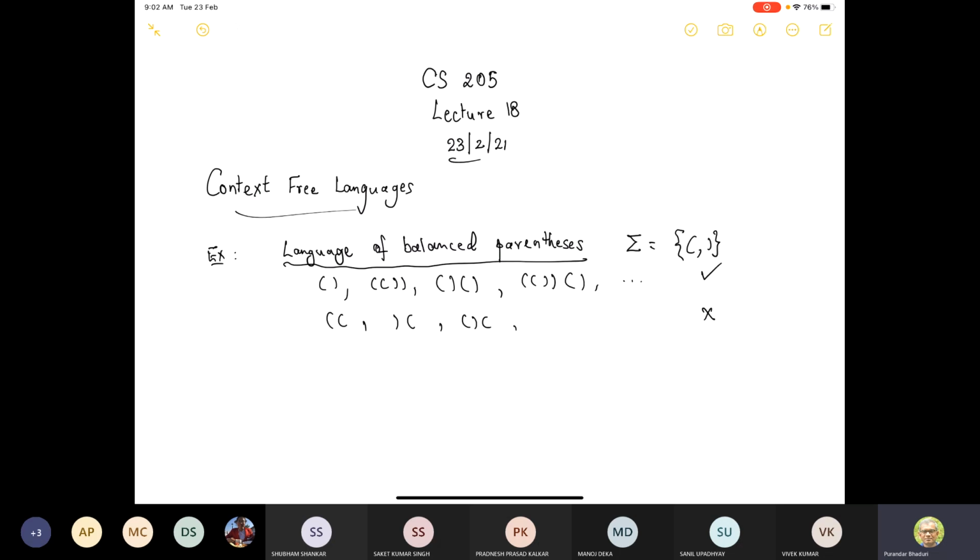It is, in fact, context free. So how do you define this language of balanced parentheses? Well, it's easy to give an inductive definition. You can say that epsilon is in the language.